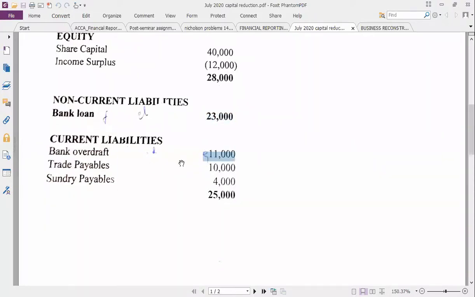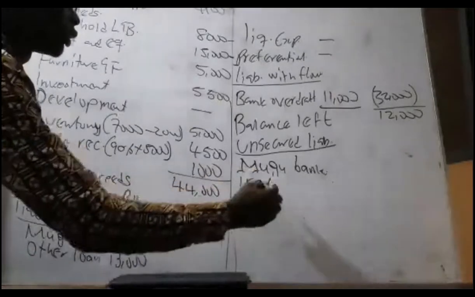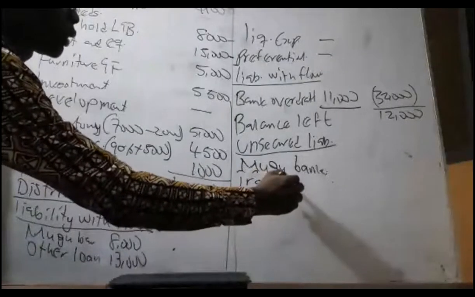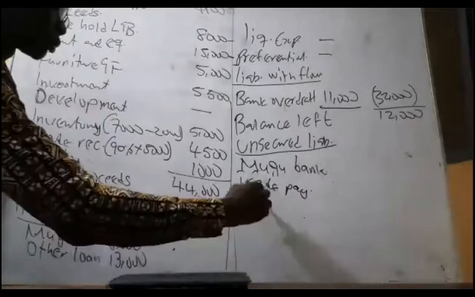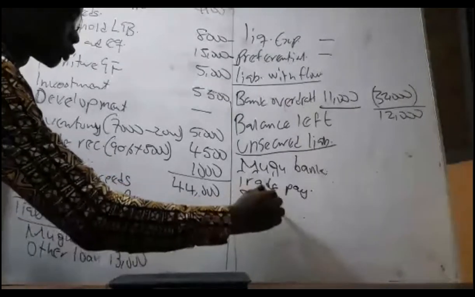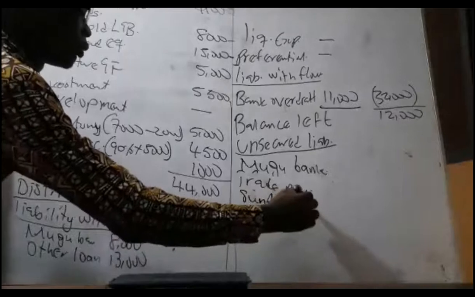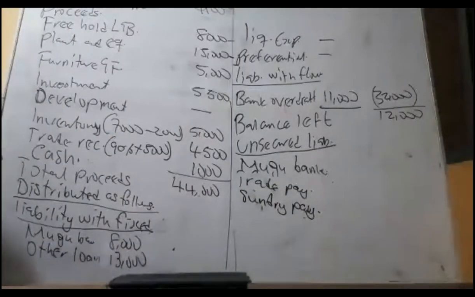So write their names here: trade payables and sundry payables.